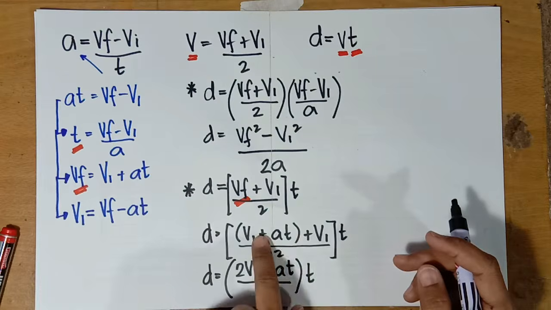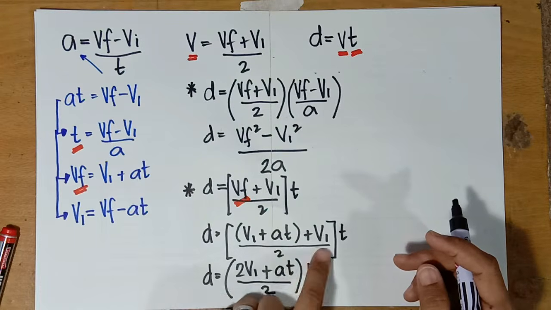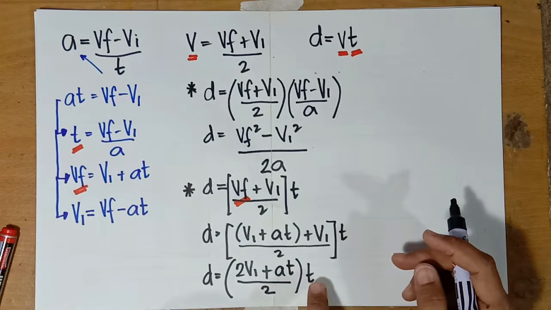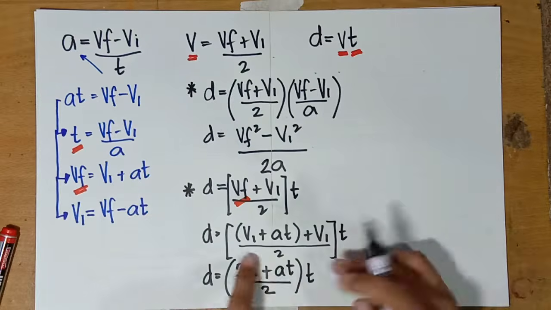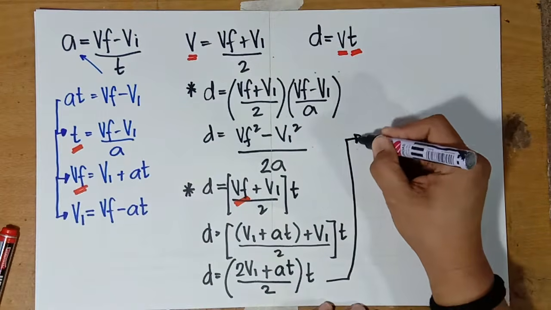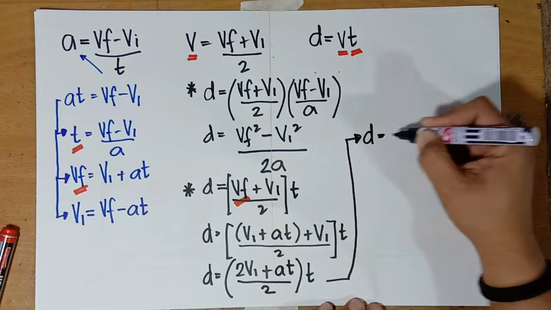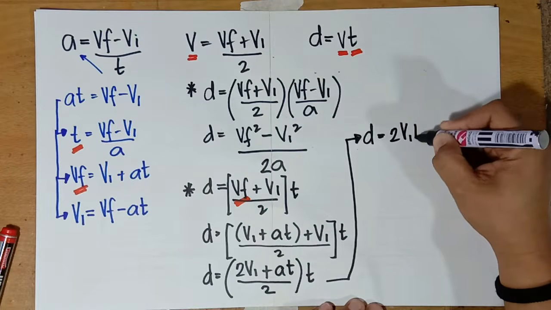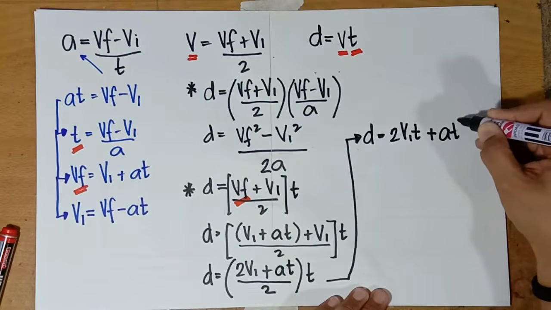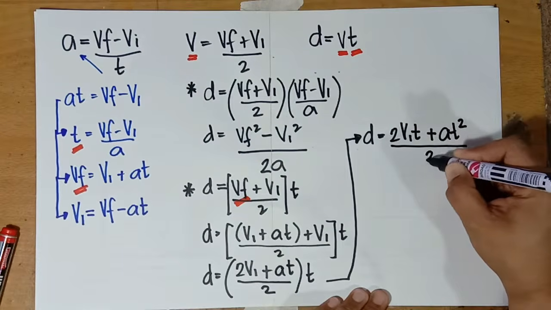So we are not multiplying. Again, we are not multiplying. We are actually adding. Then there you go. Then after that, multiply t or distribute t now to each term inside the parenthesis. And that will give us d is equal to 2Vi t plus at times t, that will give us at squared, all over 2.